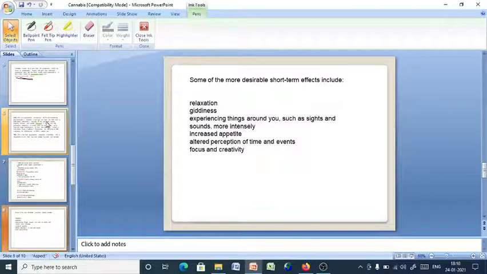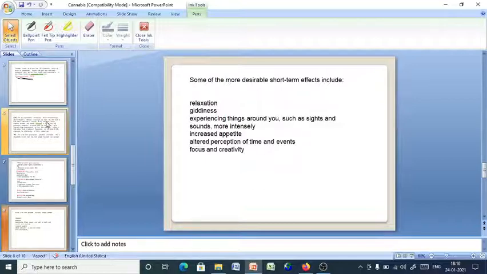Now, what are the effects associated with this plant? We can differentiate the effects into two types. First one is a short-term effect and the second one is a long-time or prolonged or deteriorative effects.